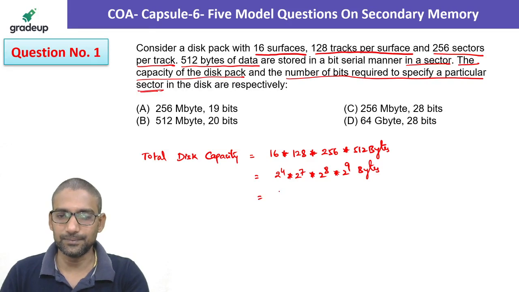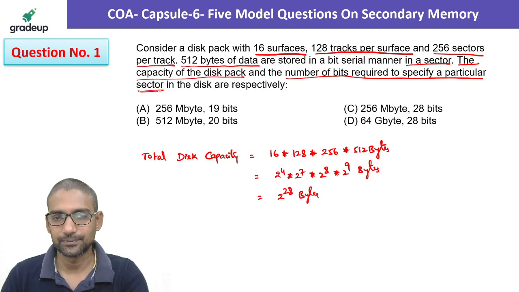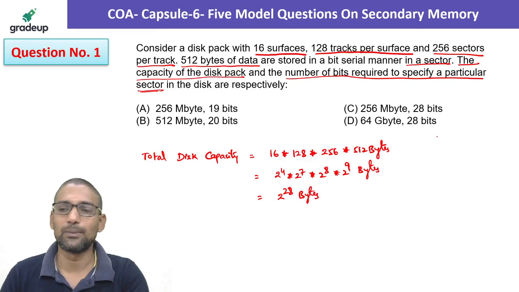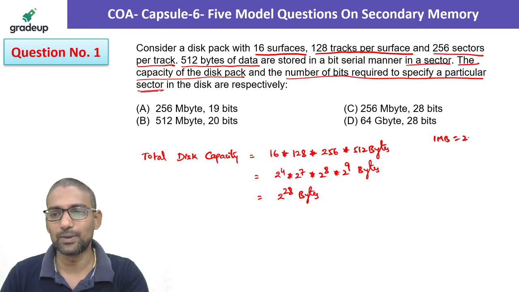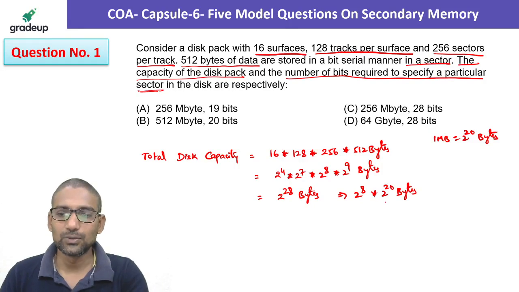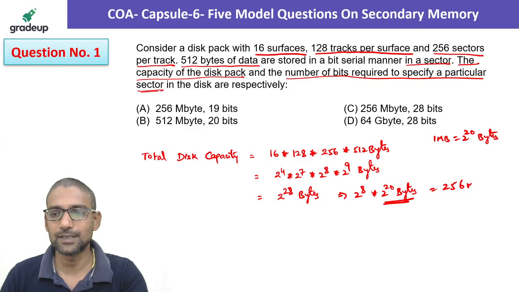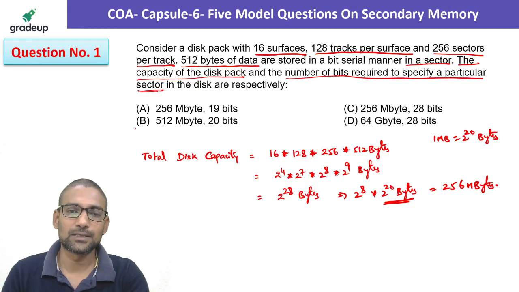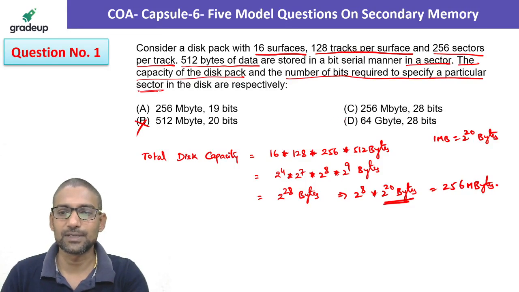This is 2 raised to 28 bytes. We know 1 megabyte is equal to 2 power 20 bytes, right? So can I also write this as 2 raised to 8 into 2 raised to 20 bytes? 2 raised to 20 bytes is 1 megabyte. So this is 256 megabytes. Hence, straight away you can eliminate options B and D.